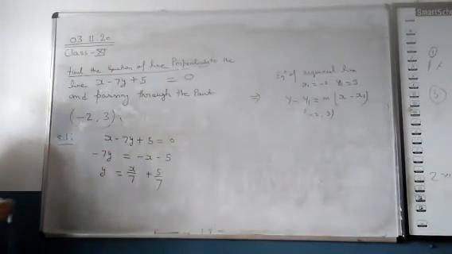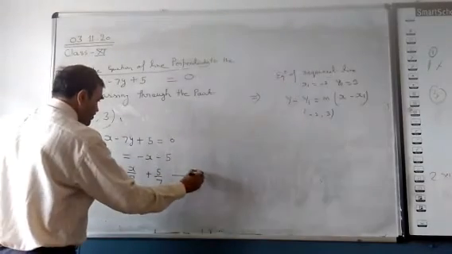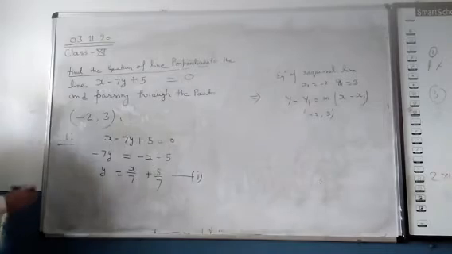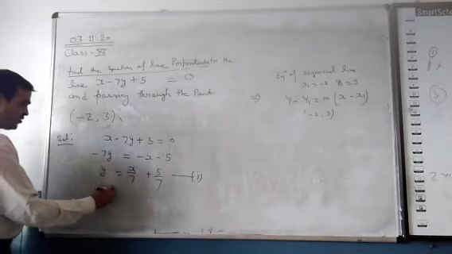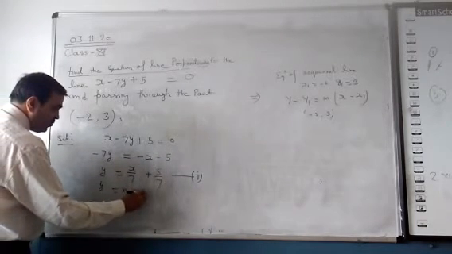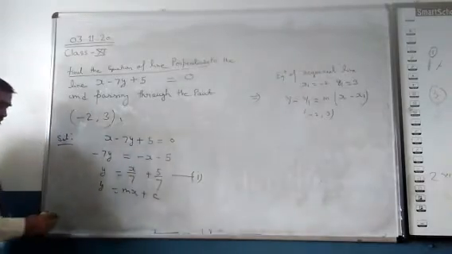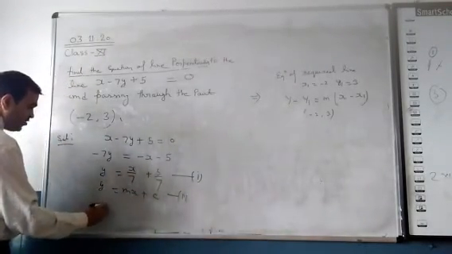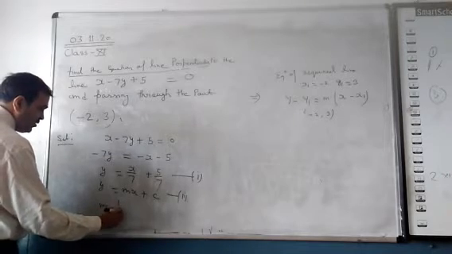Suppose this is equation number 1. You know y equals mx plus c, equation 2. Comparing 1 and 2, m equals 1 upon 7.